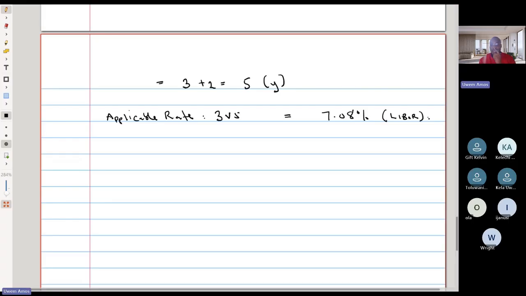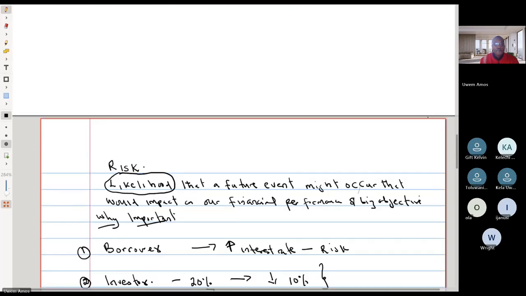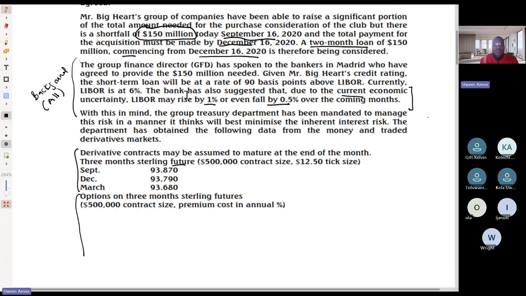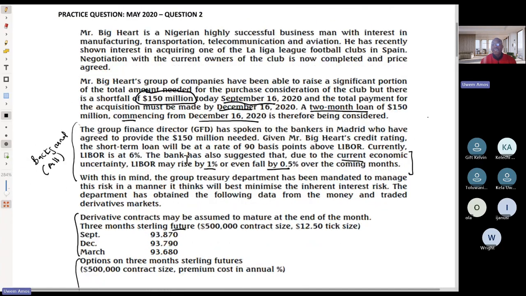Let's go back to the question quickly and note something in the question. The question says that Mr. Bickard can borrow at a rate of 90 basis points above LIBOR.